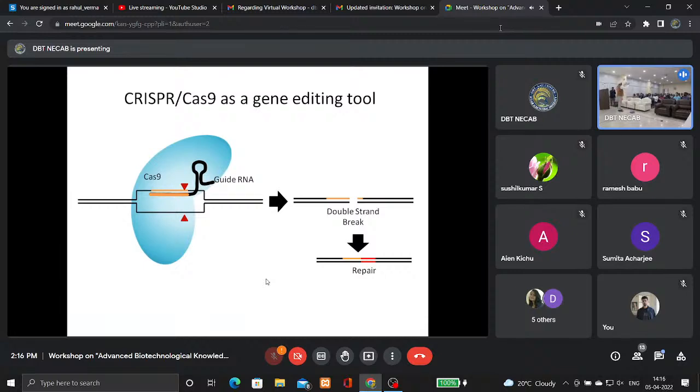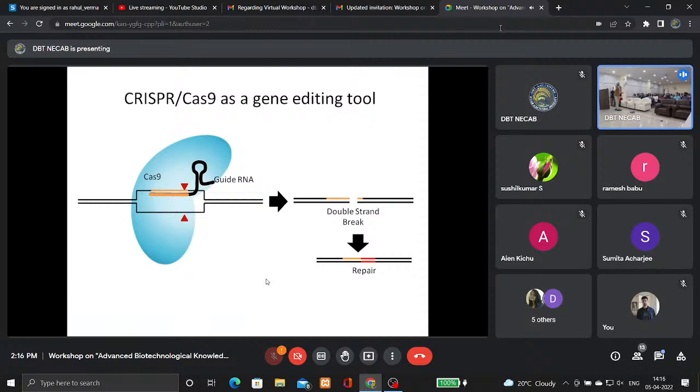If there is a premature stop codon because of the insertion or deletion, the gene becomes completely dysfunctional. We call that a knockout. The gene is no more functional.